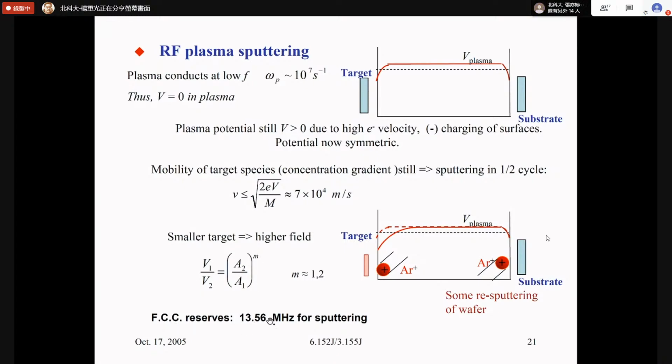So we have a frequency, radio frequency, 13.56 megahertz. That's just a frequency, 13.56 megahertz for sputtering, RF sputtering. Okay.